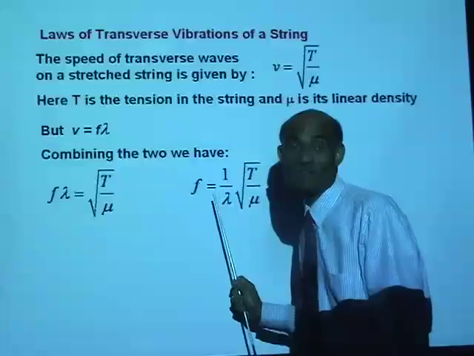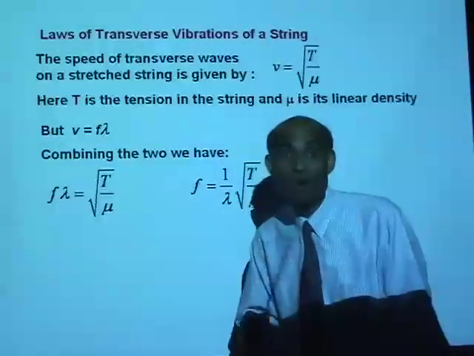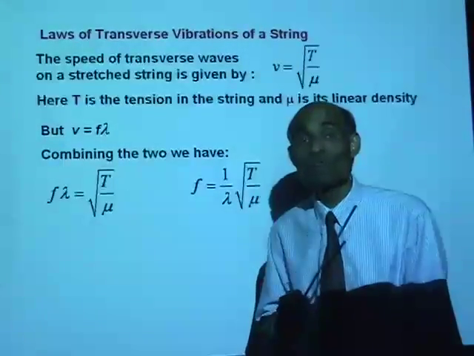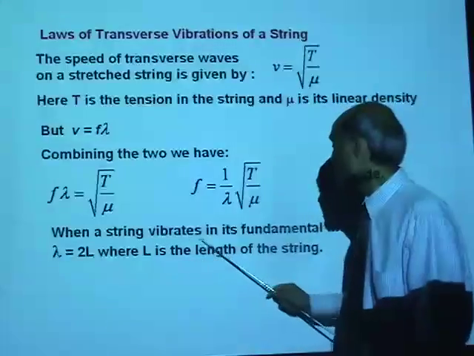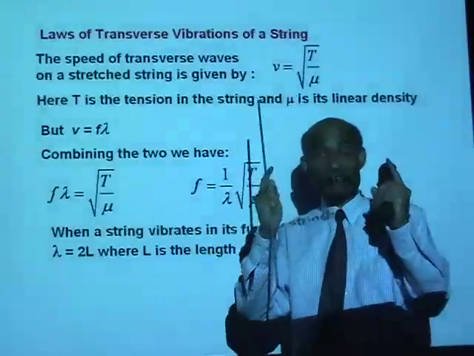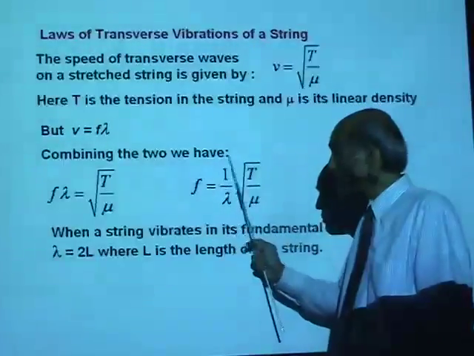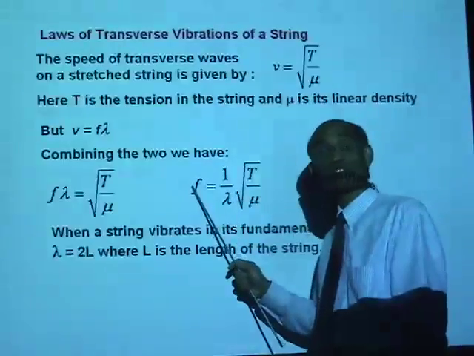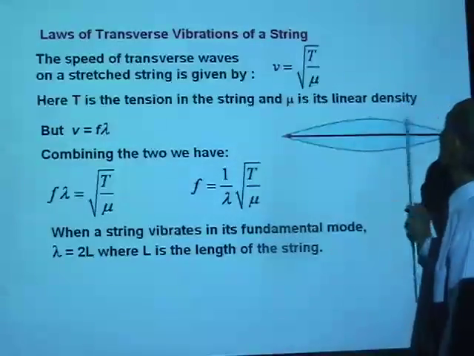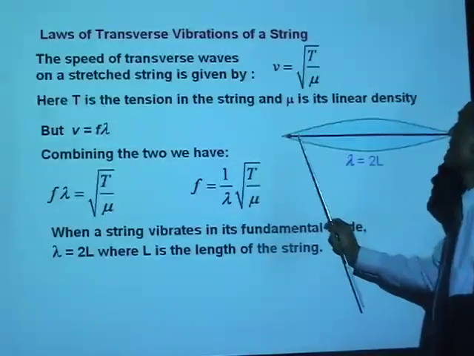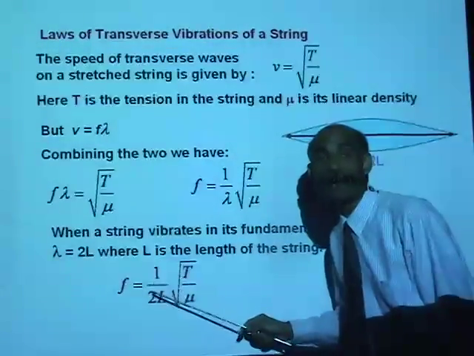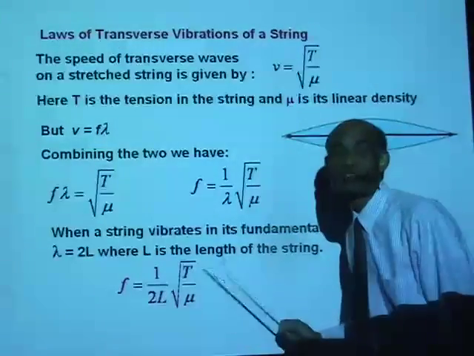Tell me, if you remember, for the fundamental mode of vibration, what is the value of lambda? When the string vibrates in its fundamental mode, lambda equal to 2L, where L is the length of the string. So I can now rewrite this formula for the frequency of vibration. This is the fundamental mode of vibration, and at that time, wavelength equal to 2L. So I have F equal to 1 over 2L square root of T over mu.